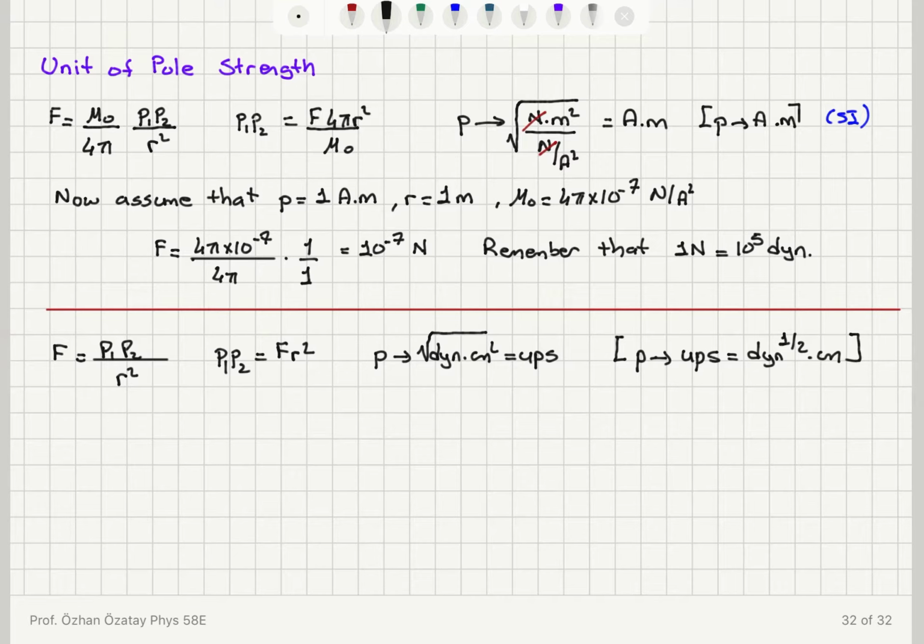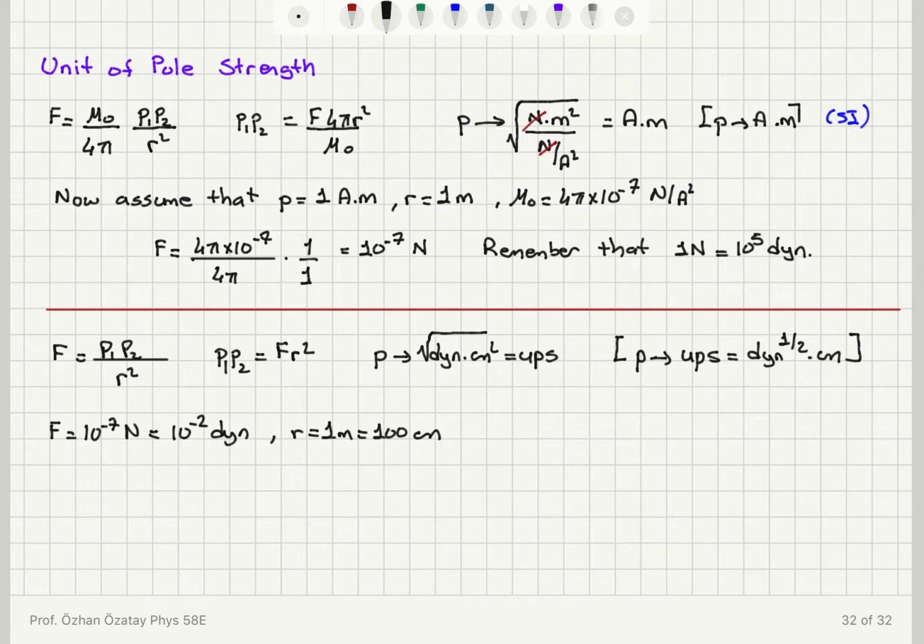Okay, so now in the previous example I had a force of 10 to minus 7 newtons. So a force of 10 to minus 7 newtons is 10 to minus 2 dynes. And I had a distance between the poles r of 1 meter, which is 100 centimeters.